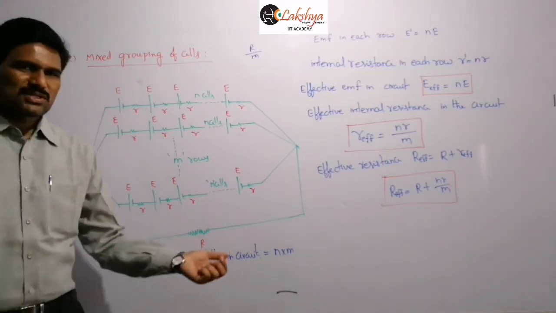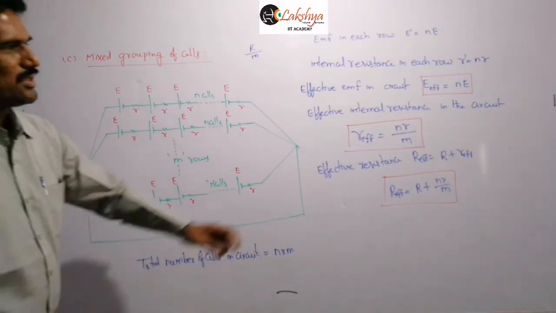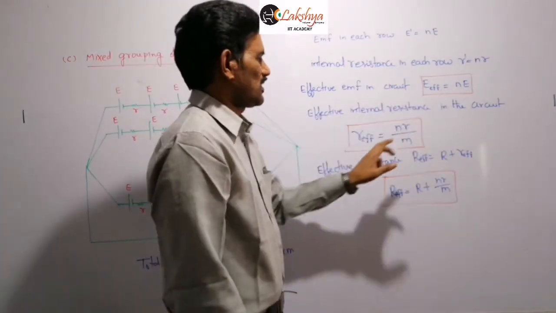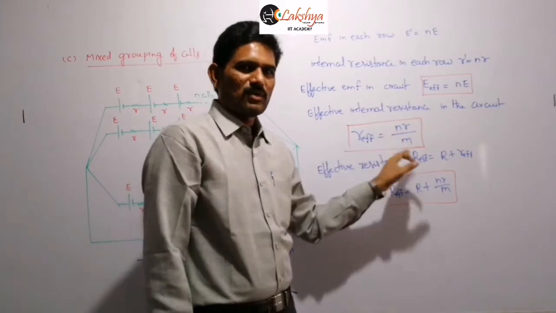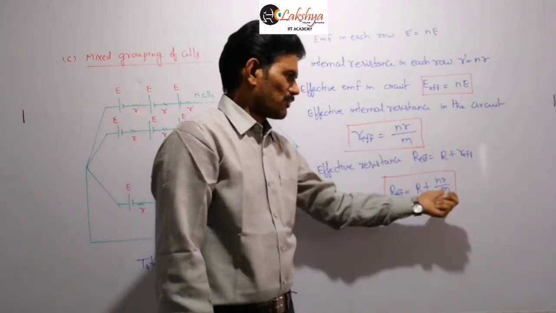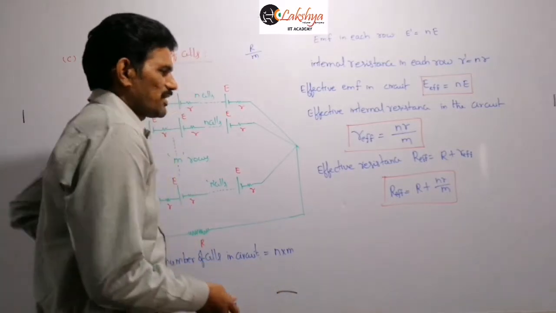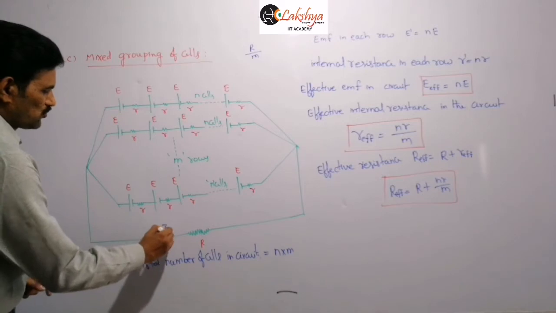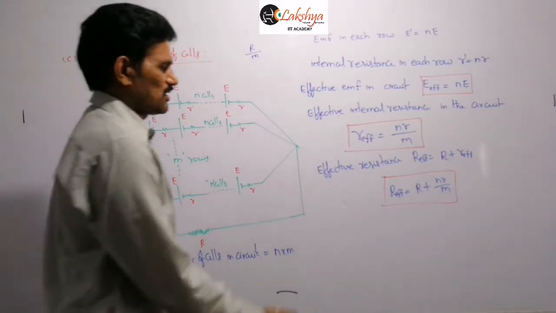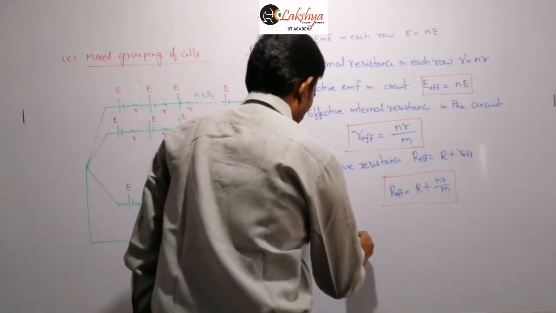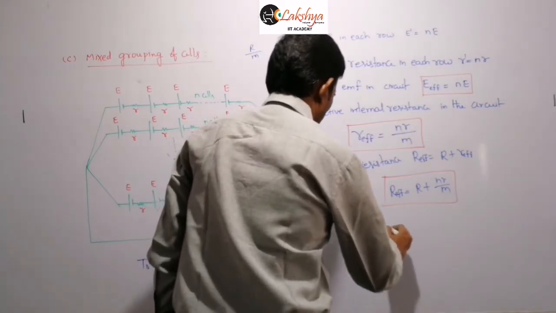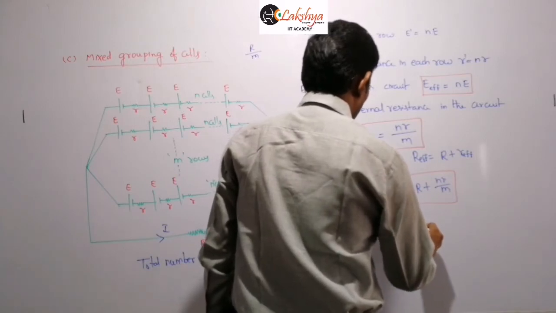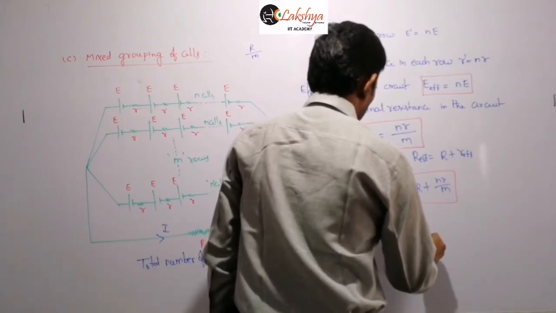So total number of cells is n into m, and then effective EMF is nE, internal resistance is nr by m, and effective resistance is R plus nr by m. And so from this I am writing the current here. That means the total current flowing through this external resistance can be written as E effective by R effective.